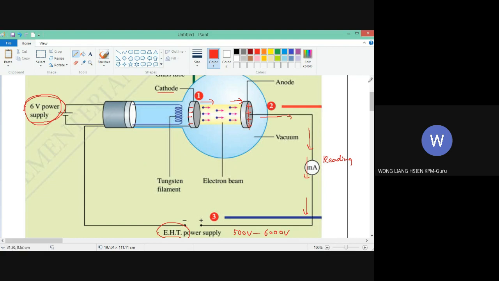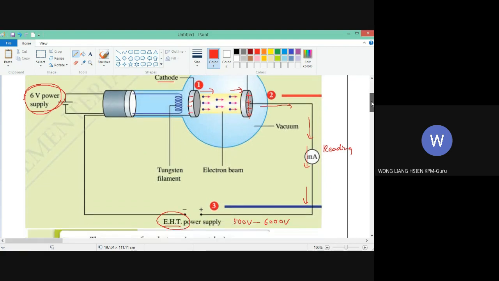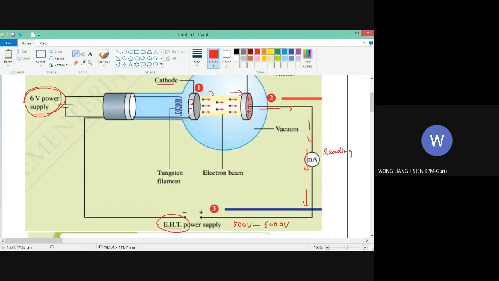So you see what happened is, when this side is cathode and this side is anode, there is current flow because the electrons can fly out. Sorry, this is electron flow, not current.